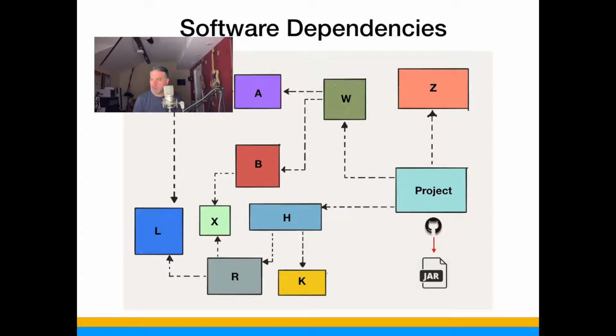And you might see that that project depends on the other pieces of software, which is H, W, and Z. From that project that say we got on Git, on our repository, and we generate a jar, the direct dependencies are project H, project W, and project Z. Project Z has no dependency, so that one builds normally. But then you start looking into W and H.